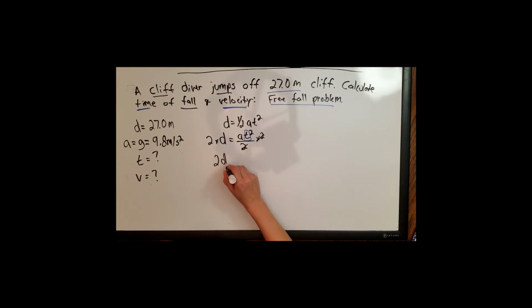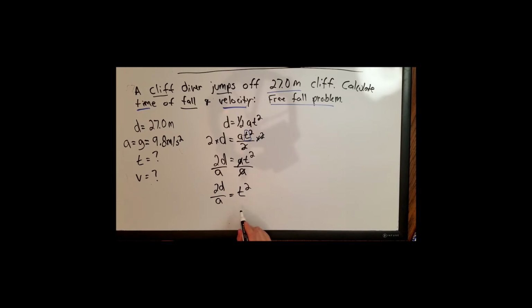I now have 2d is equal to at squared. So I need to get rid of a. I need to move it over to the other side of the equal sign. To get rid of it, I divide this side by a, and a over a cancels. Whatever I do to one side of the equation, I have to do to the other. So now I have 2d over a is equal to t squared.